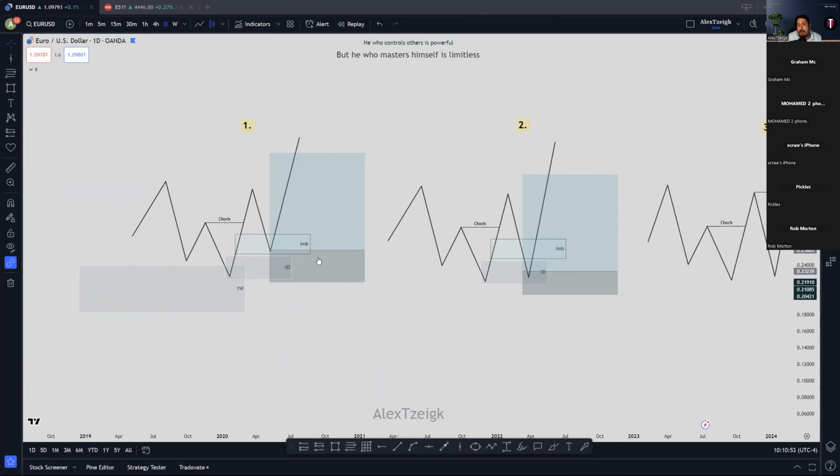But it is a type of entry that is used in SMC. It is the aggressive part where they only wait for a change of character and enter. I believe this entry model is more useful for higher time frames, for example, from the 15-minute or even the half hour.